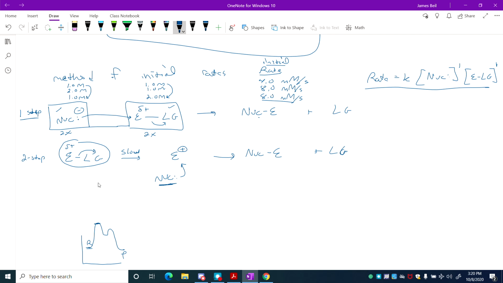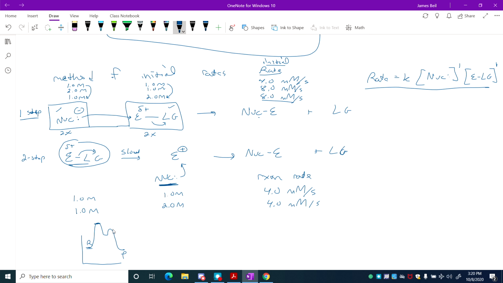So in this scenario, if I started with 1 molar of each of the nucleophile and the electrophile, and I measured the reaction rate, just for a baseline experiment, and then if I doubled the amount of the nucleophile and kept this the same, what would happen to the rate? It would remain at 4.0.